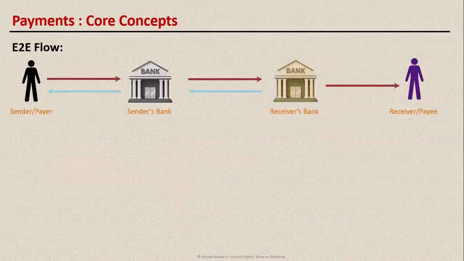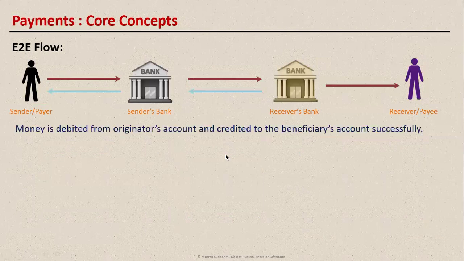Okay. So end-to-end flow. The main goal of the end-to-end flow is that you have to debit the originator's account, which means take the money from the sender, and you have to credit the receiver, which means give the money to the receiver, through one bank, two banks, or multiple banks. Whatever the banks involved, the ultimate goal of the end-to-end flow is to debit the money on one side and credit the money on the other side.